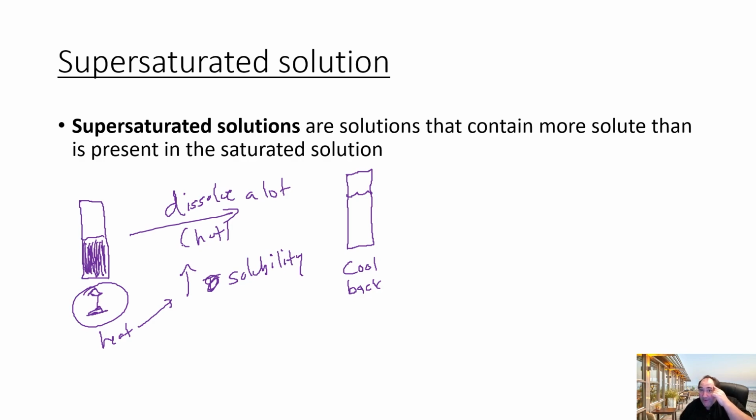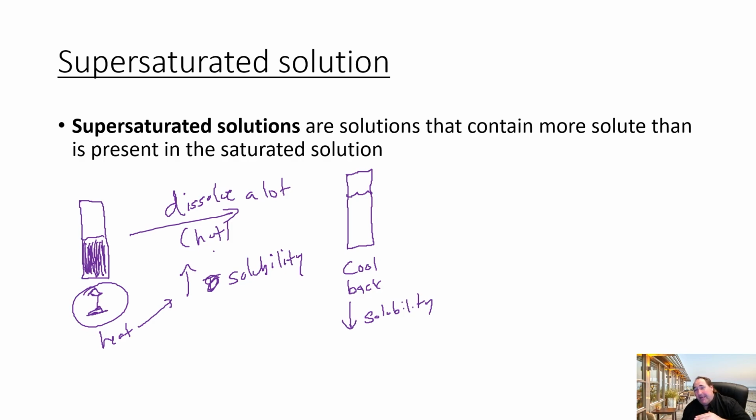And that's because when you have a supersaturated solution, it becomes a really unstable solution, because as you are cooling this back down, the solubility of what's dissolved in there is going to decrease. But at this particular point, it's a little too late, because you've already dissolved the solid in there.